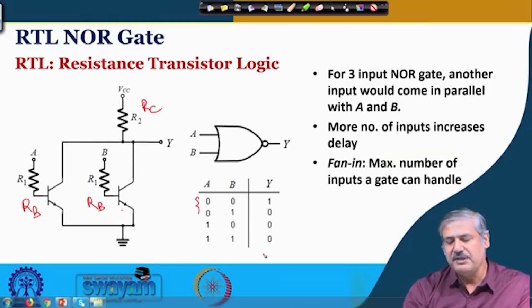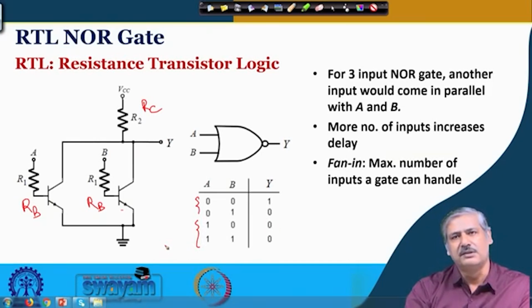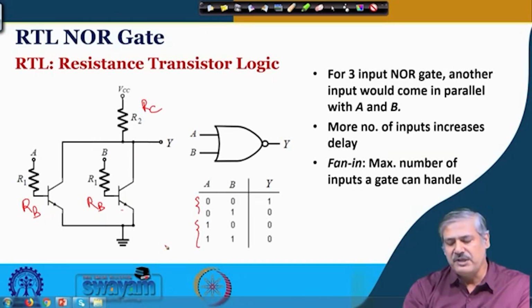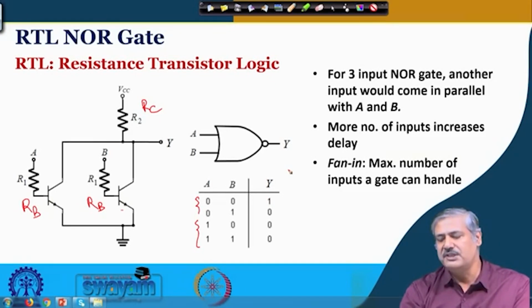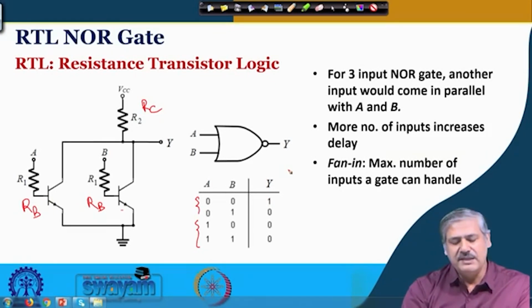So, this is what we see for these two cases. Effectively, if you look at the whole of it, the output is low for any of the inputs being high, okay, and output is high only when both of them are low, both of the transistors are off. So, that is the NOR logic that we see.